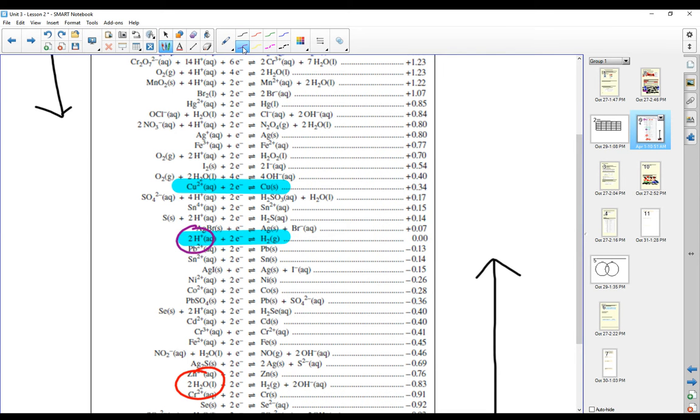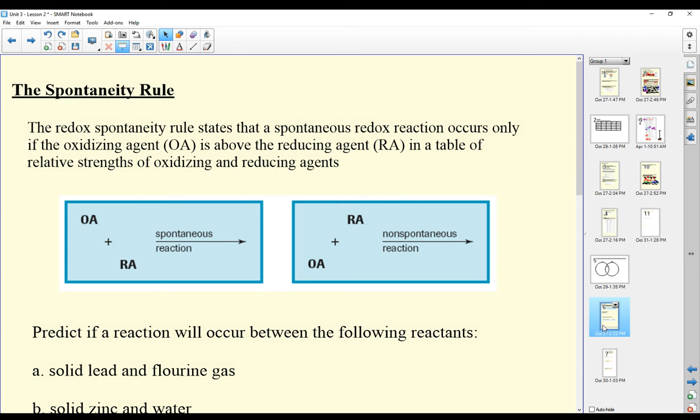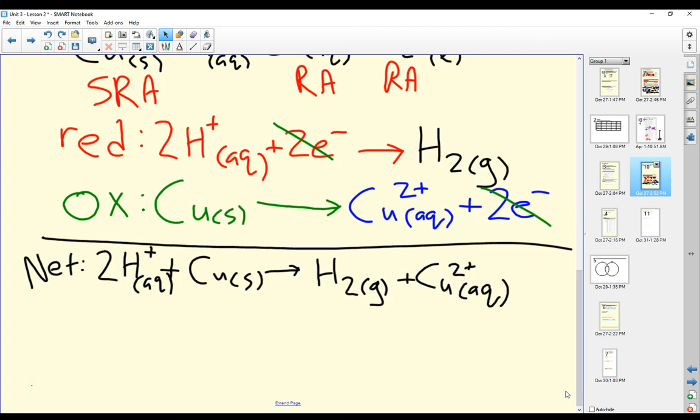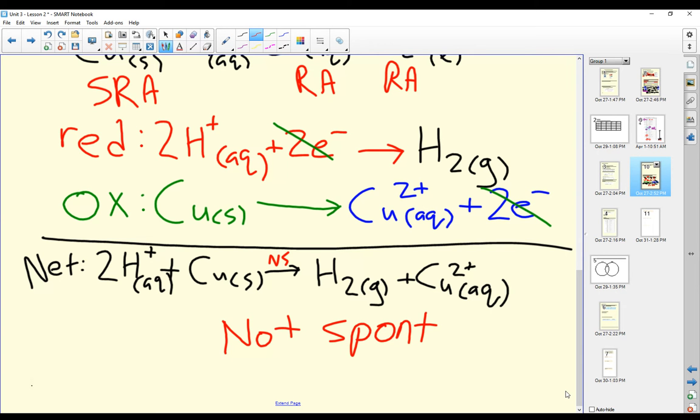H plus is below copper solid, meaning that this is not spontaneous. So we can represent that in a few different ways. We can put it over our arrow in our net reaction and say this is NS, or just make a note saying not spontaneous.